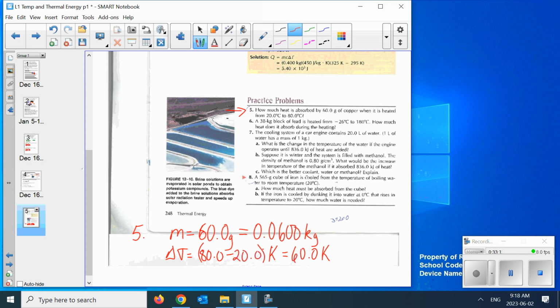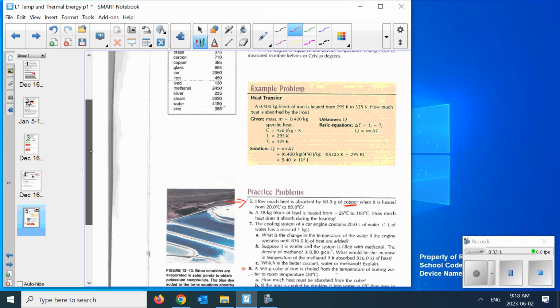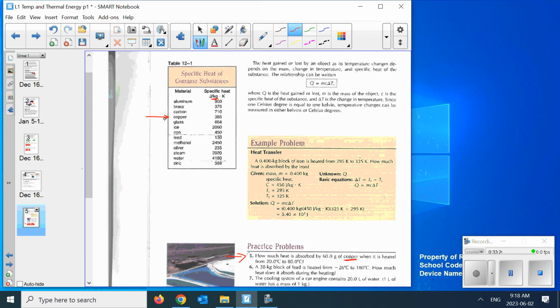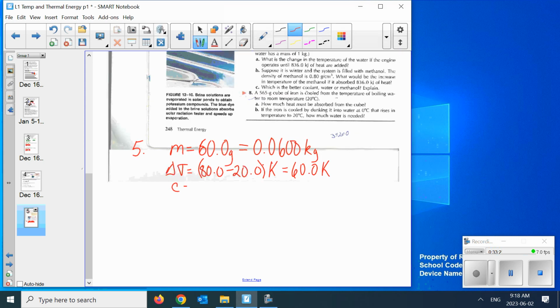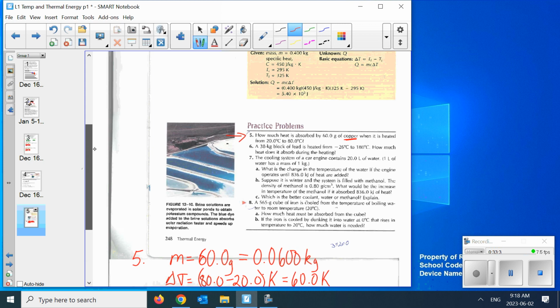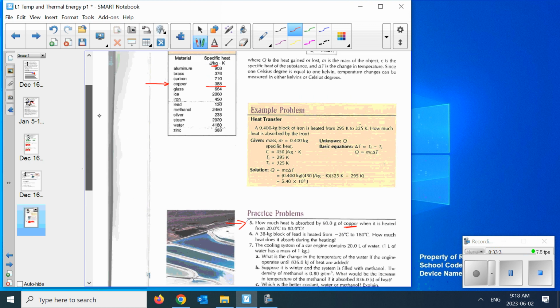MC delta T. So I need the C value, and it's copper. I'm not expecting you to know this off the top, so I'm going to look it up. Copper, 380. That is the unit, joules per kilogram Kelvin.